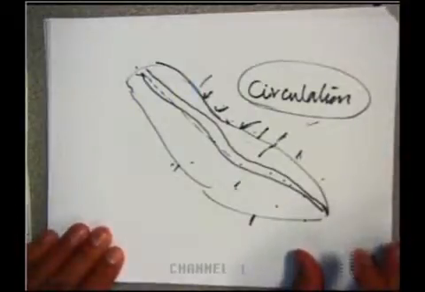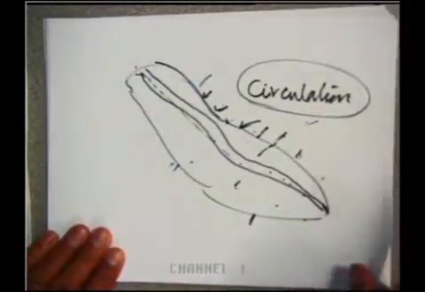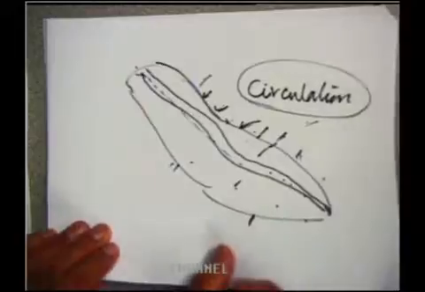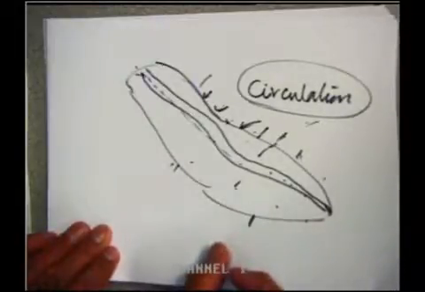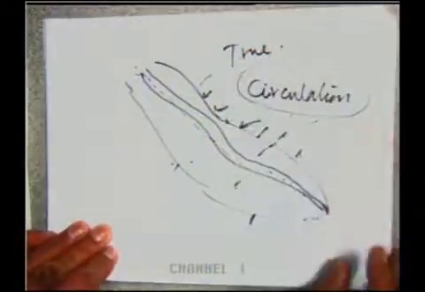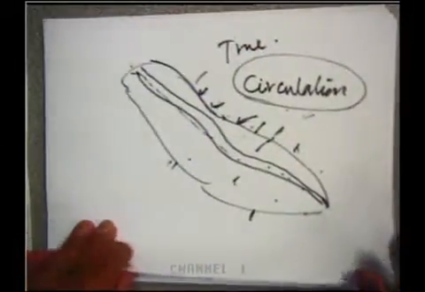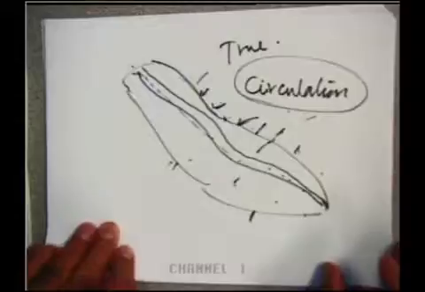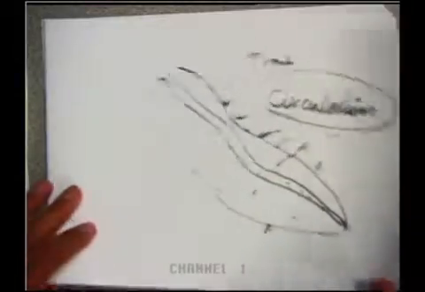In the pre-coelomic, there is a true circulatory system, we call it true circulation, and compared to that, the other is not a true one. Now let us see open and closed circulatory systems.